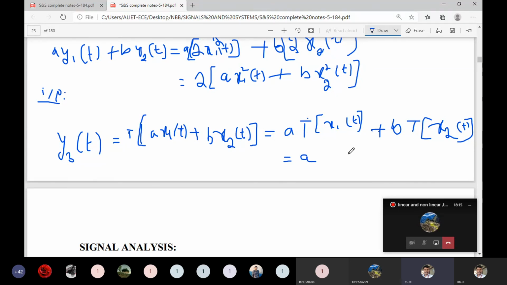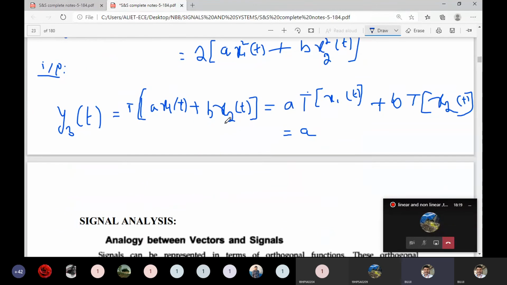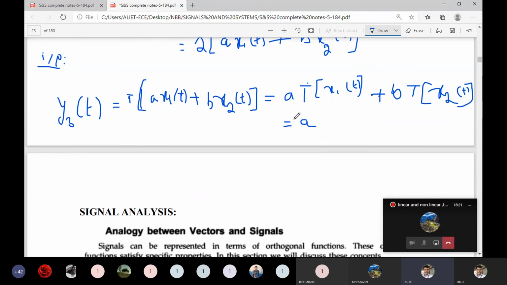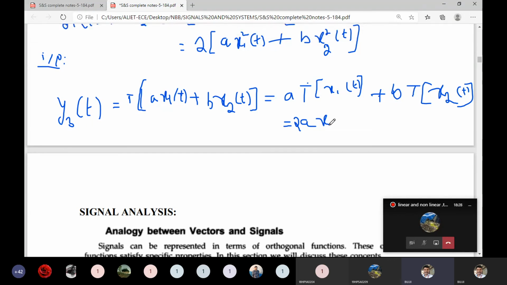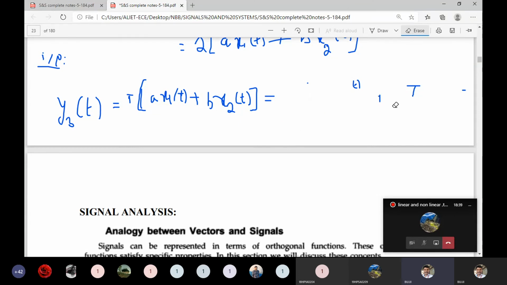A into transformation of x1 of t is nothing but 2 times x1 square. Okay, a small mistake, I still have to write the total, I was taking it individually. I have to write the total transformation, sorry.